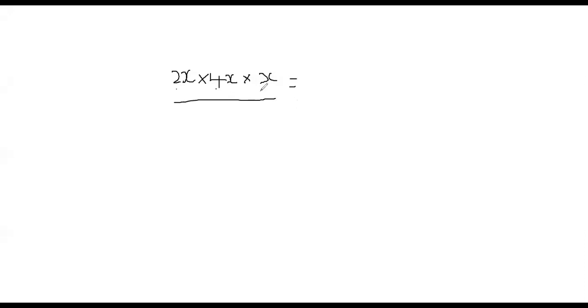2 times 4 times 1 will give us 8, right? How many x's do we multiply? 3. So what needs to be our power? Good. So when x is raised to the third power, we say it is x cubed.